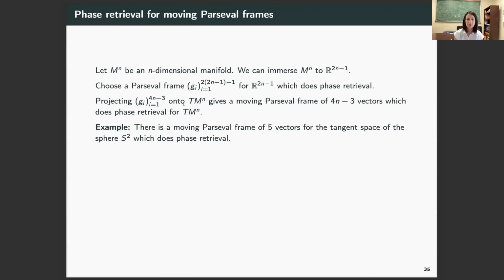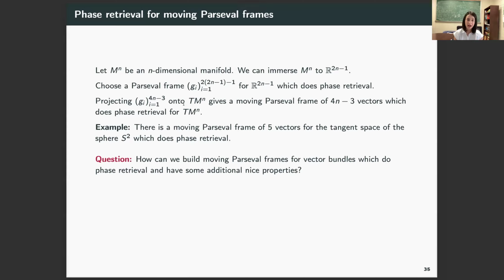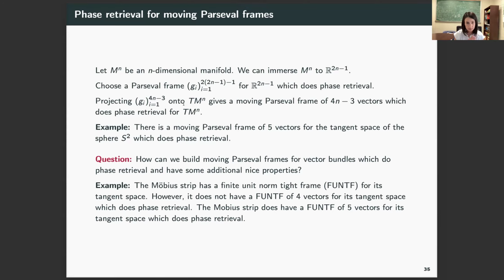Now, the question that we would like to ask is, how can we build a moving parsable frame for vector bundles which does phase retrieval and has some additional nice properties? In particular, those properties that we have in mind, let's look at an example of a Mobius strip. It has a finite unit norm tight frame for its tangent space.